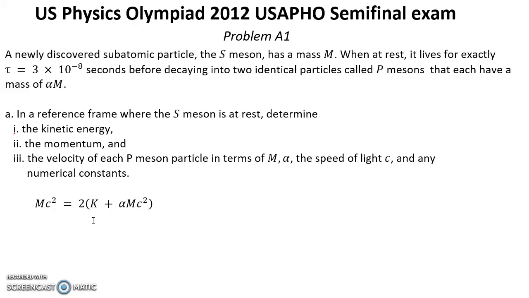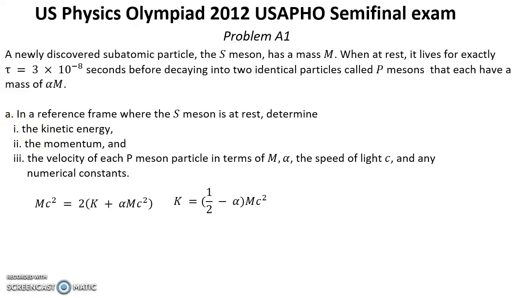So we have this equation: rest energy equals 2K plus 2 alpha m c squared, where K is the kinetic energy of a p meson and alpha m c squared is the rest energy of a p meson. From here we can find the kinetic energy of each p meson. That will be this expression. That's the answer for part 1.